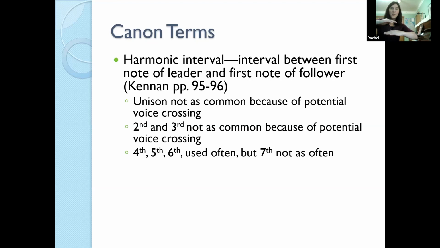But if it's reversed, where you have your leader above and your follower below, we could use, let's say our leader starts on do, and our follower starts on a fourth below that. Well, what is a fourth below do? It's the same as the fifth above, right? Okay? So then we end up with having do and sol, even though this is the fourth below. It's a harmonic interval of the fourth, okay? So you can see why those two might be pretty common because of the important scale degrees as well, okay?